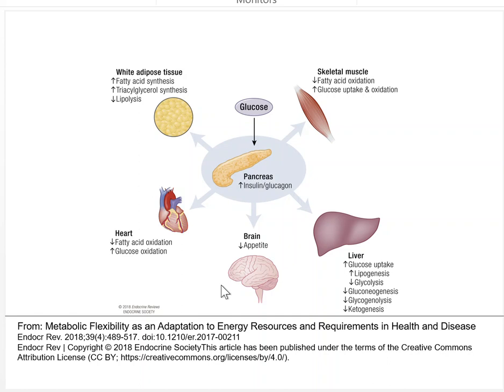However, it becomes imperfect in insulin resistance: the brain is not perceiving the well-fed state. We get insulin resistance and also likely something called leptin resistance. Then the brain senses that the body is not well-fed, so there is no appetite suppression, and even in a well-fed state, we'll become hungry.